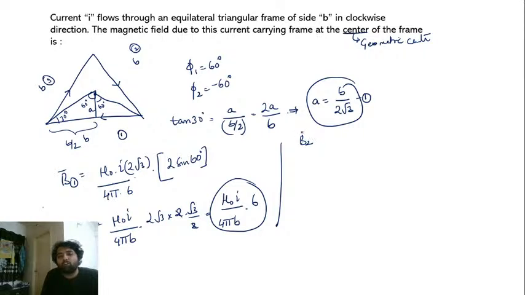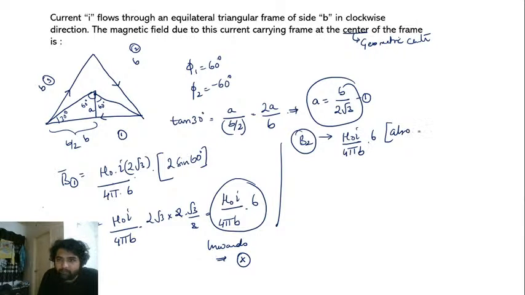Similarly, the field due to 2 will also have the same value. And what is the direction, by the way? The direction of current is this way, and the direction will be inwards. Here if you observe, the direction is inwards, which implies use cross. B2 also will have the same value and direction also inwards.